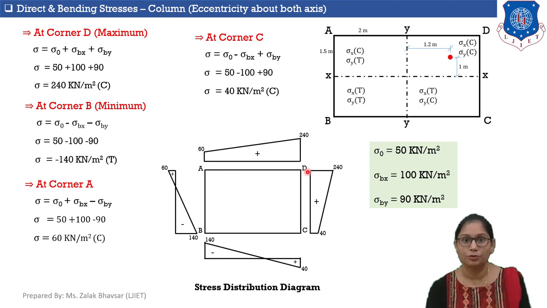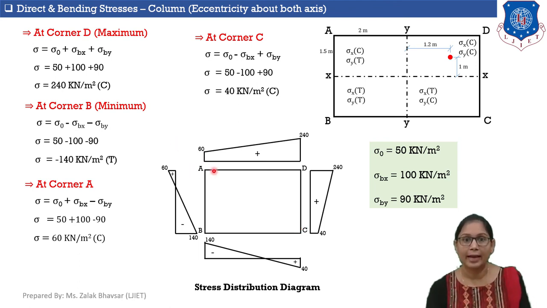Now let's move to face DC. At D again, stress developed is 240 kilonewton per meter square, which is positive. At C, stress developed is plus 40 kilonewton per meter square. So here is the stress distribution diagram for face DC.